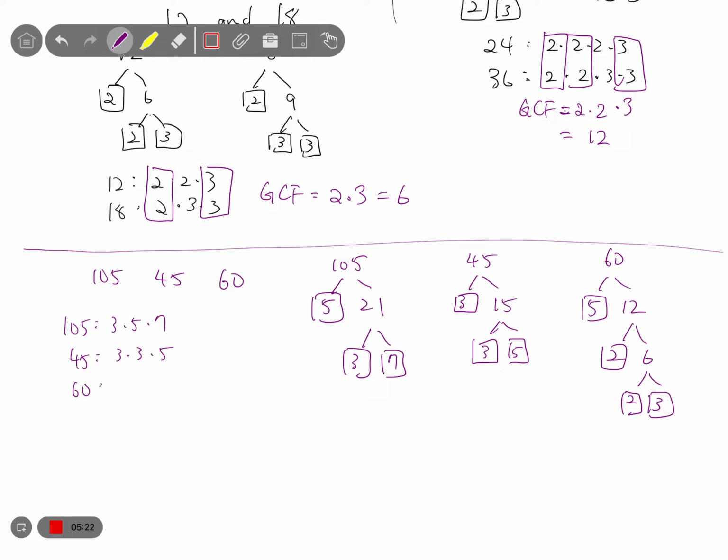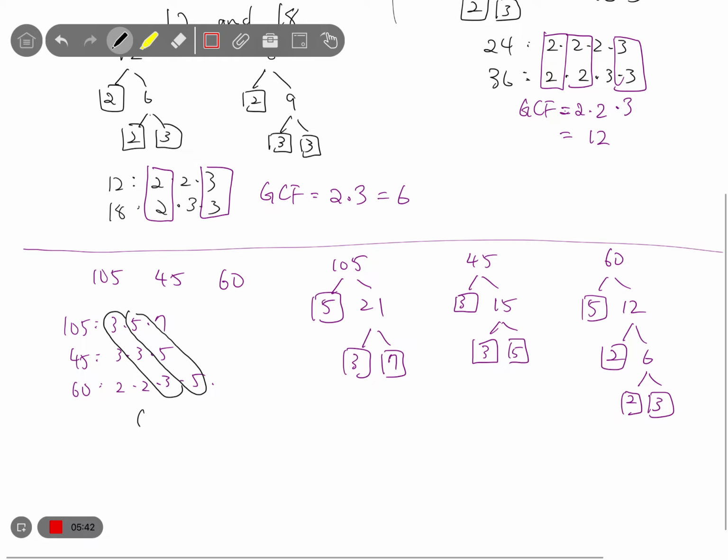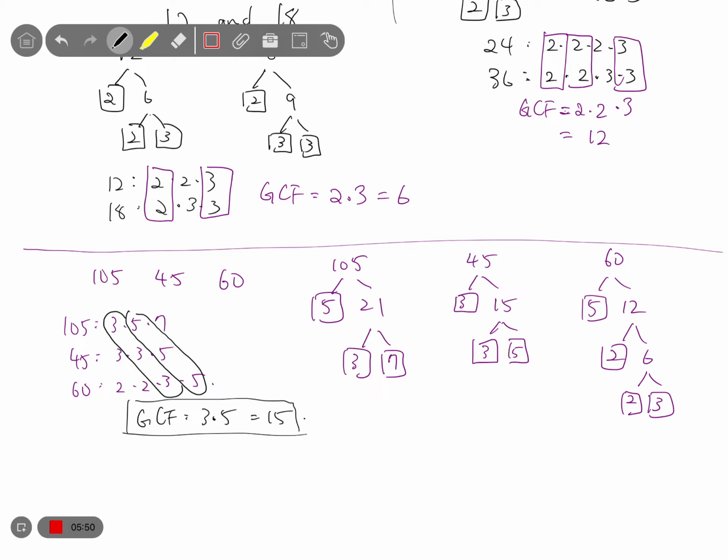And 60 is 2 times 2 times 3 times 5. So notice they all have a 5 in common. They all have a 3 in common. And I think that's all they have. So the GCF is 3 times 5, which is 15.